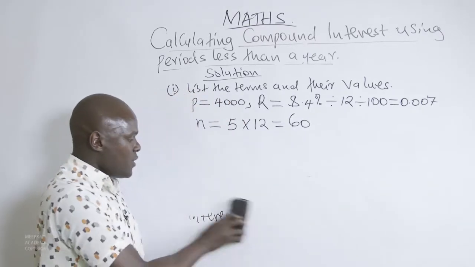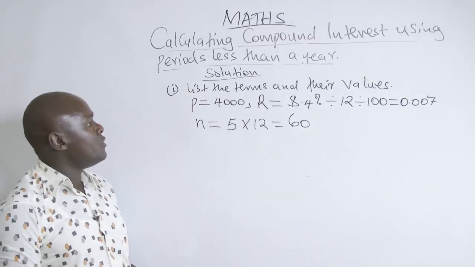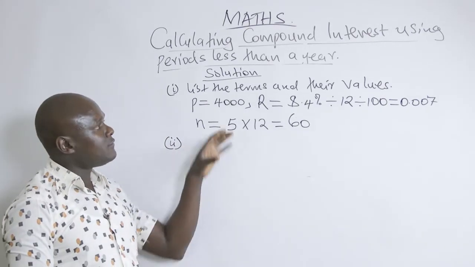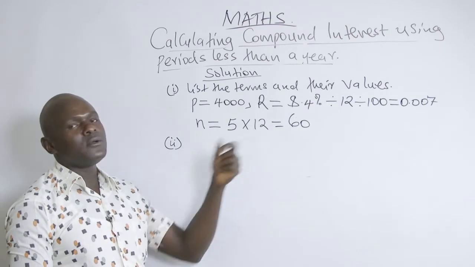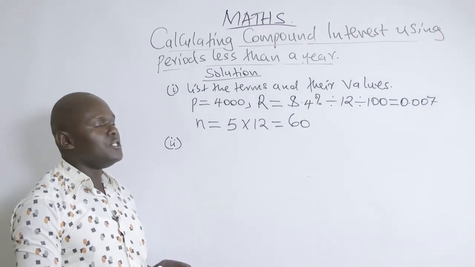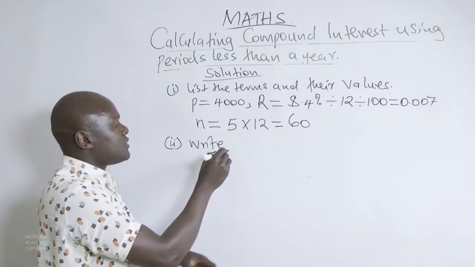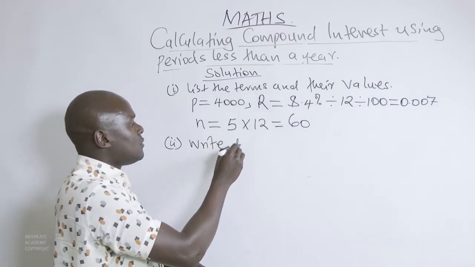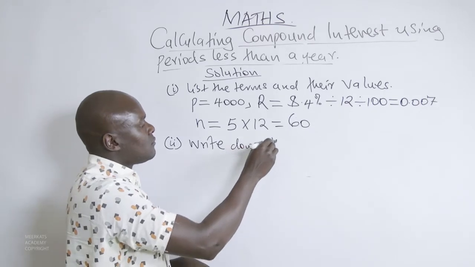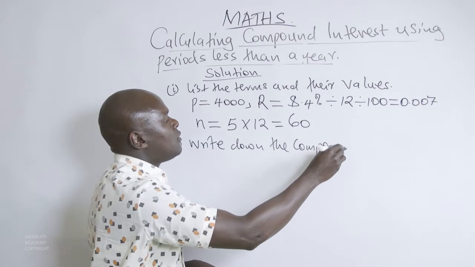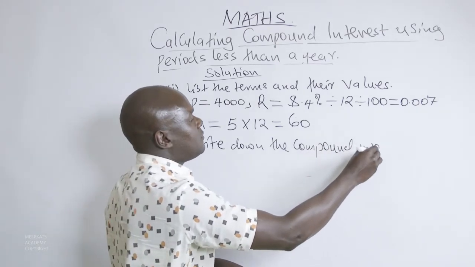We are through with step number 1. We move on to the second bit of it. After listing all the terms together with their values, we now need to write down the compound interest formula.